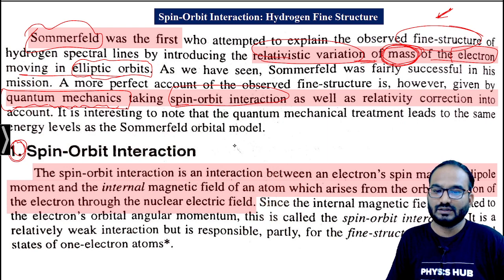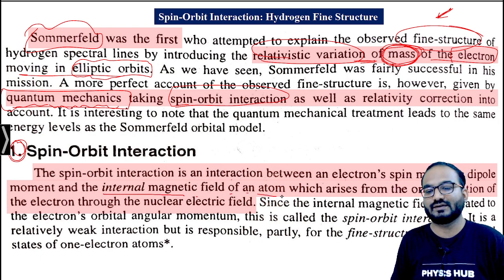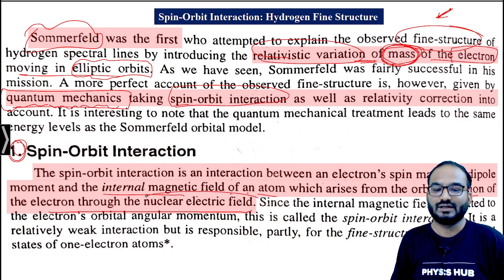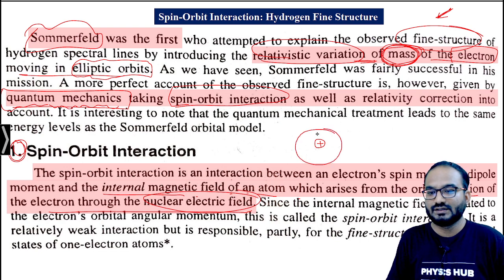Spin orbit interaction, as I told you already, is the interaction between the electron spin magnetic dipole moment and the internal magnetic field of an atom, which arises from the orbital motion of the electron through the nuclear field. So the electron is revolving around the nucleus, and because of this orbital motion some kind of internal magnetic field is generated, and this internal magnetic field acts on the spinning of the electron.